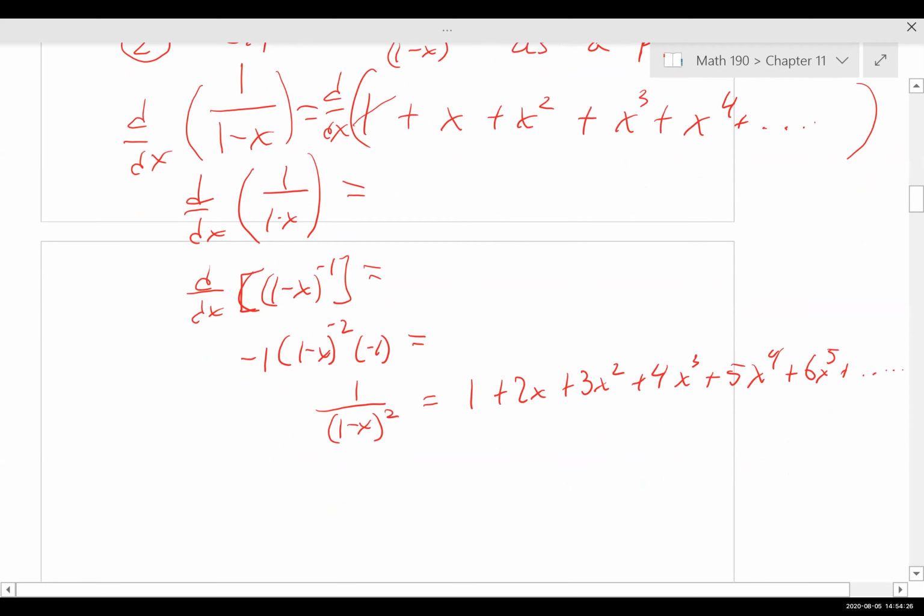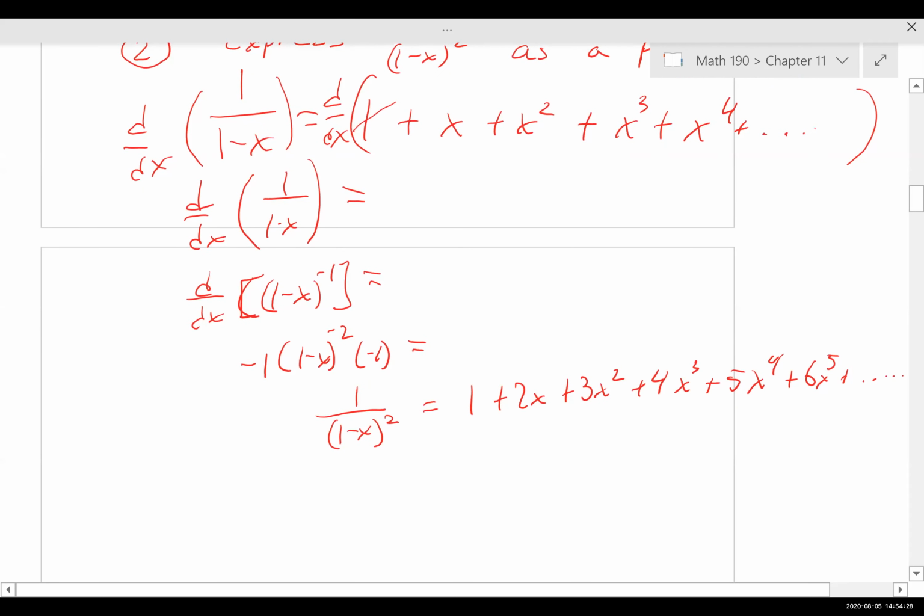Okay, so if I wanted to write this out in sigma notation, the power series in sigma notation, what would this thing be? 1 over 1 minus x squared is going to be the summation of n equals 0 to infinity of what?